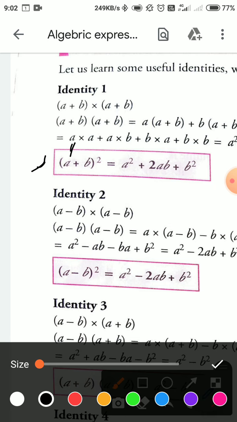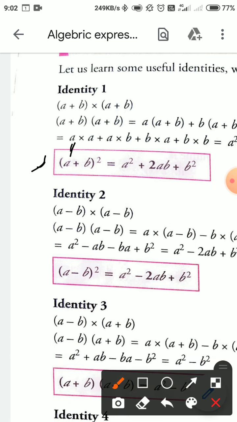Now in the second case, suppose that we have to multiply a minus b with a minus b, right? You will get a result similar to the above, just to see what difference there will be.